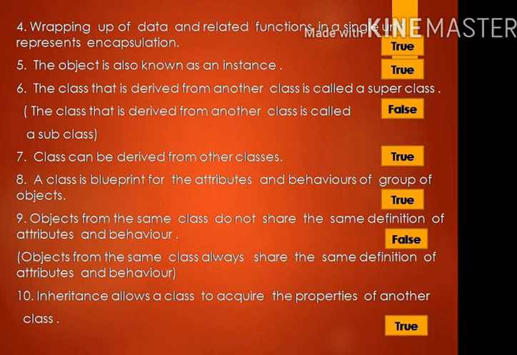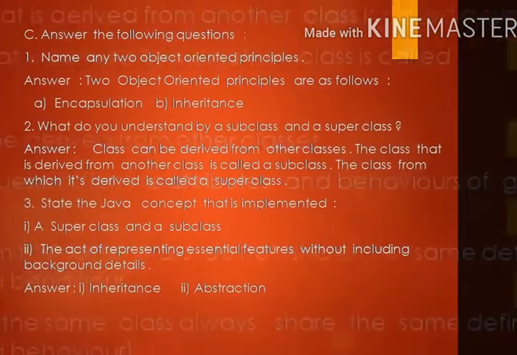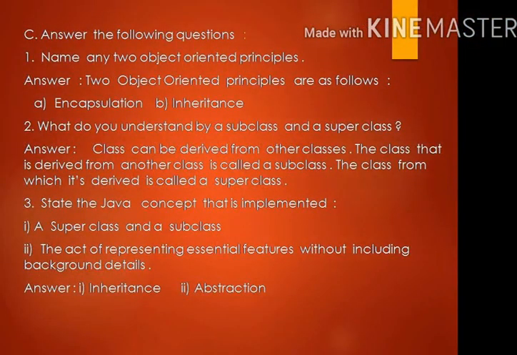Number 10. Inheritance allows a class to acquire the properties of another class. True. The next slide contains next part of questions and answers. Number C. Answer the following questions. Number 1.